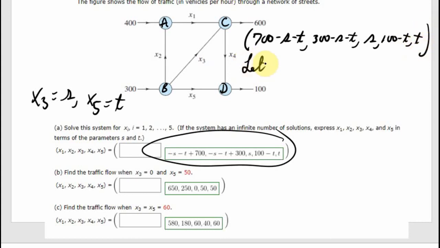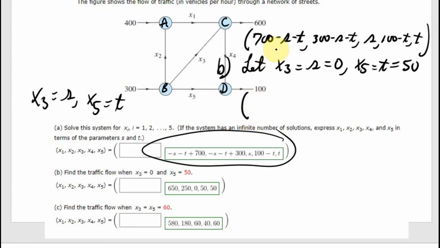So if we let x sub 3, which is equal to s, equal 0, this is part B, and x sub 5, which is t, they're saying let that equal 50, then what's the point? You see what I'm saying?